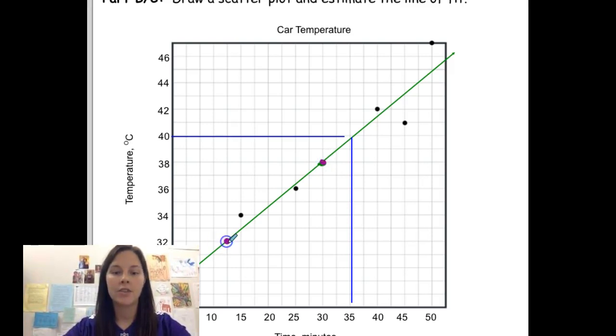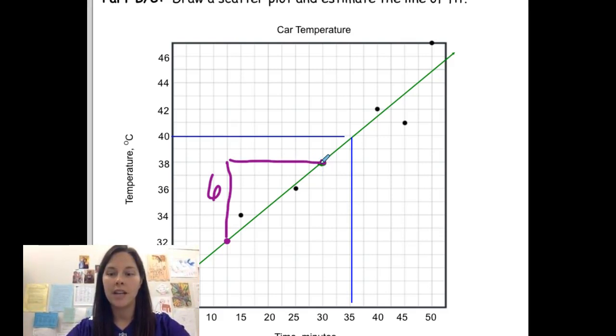And then it looks like the graph goes through this coordinate as well. Notice that the rise is by 1 when we're going up, so we can count these by 1s. So that's a change of 6 degrees in the temperature. But when we're counting our run, we need to make sure that we're using the scale at the bottom. That's going from 12.5 to 30, so that would be a change of 17.5.